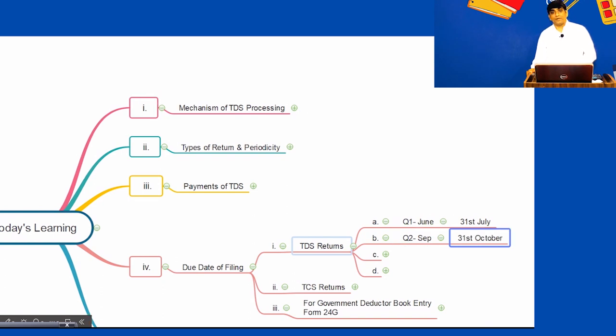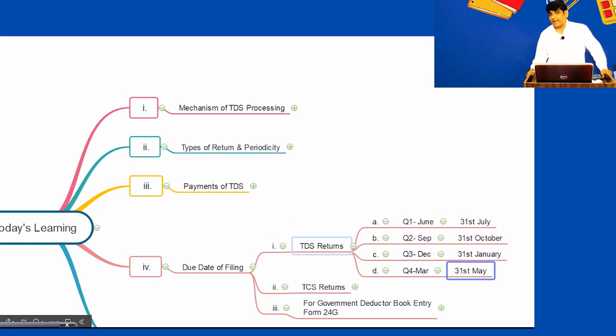Quarter 3, December quarter, on or before 31st of January. Then for quarter 4, some relaxation has been given by the government, which is required to file on or before 31st of May. Means you are given 2 months of time. For all other quarters, you are given 1 month of time, but for quarter 4, you are given 2 months of time. Hence, the due date is 31st of May for the 4th quarter.